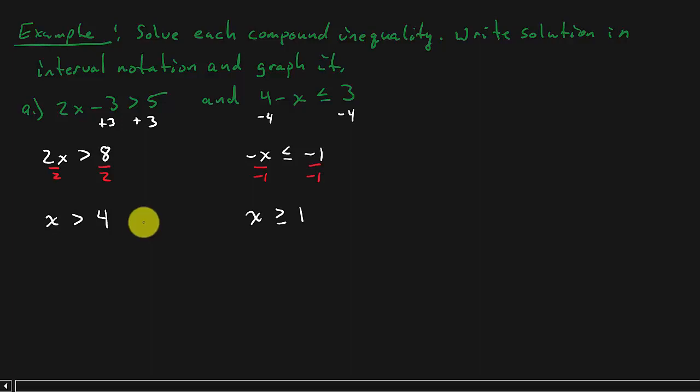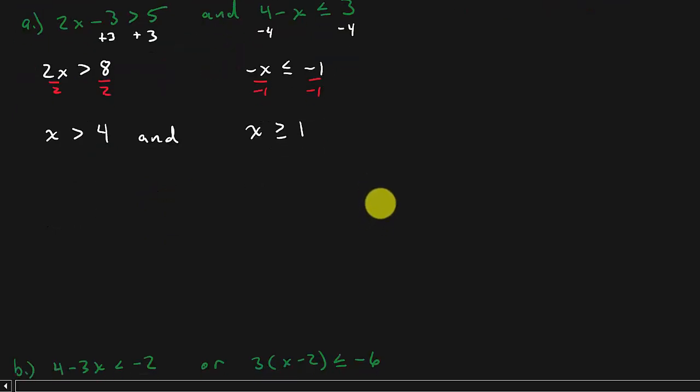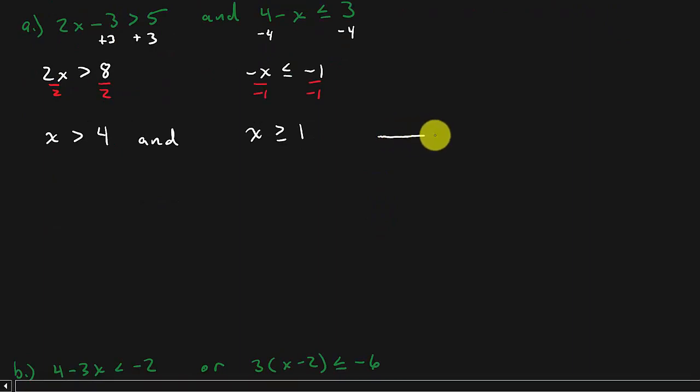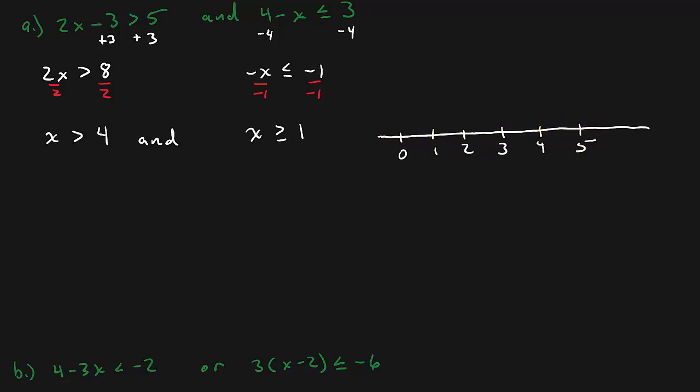Now, this is separated by and. All right. So to graph this, well, guess what? We're going to do just like we did before. I've got to be able to take in 1 and 4, so let's do 0, 1, 2, 3, 4, and 5. Now, to graph them, let's do just like we did the ones previously.